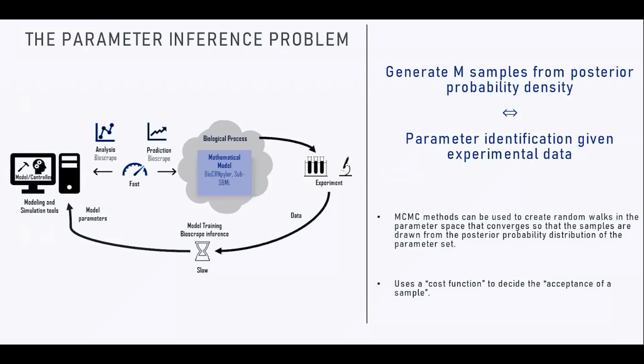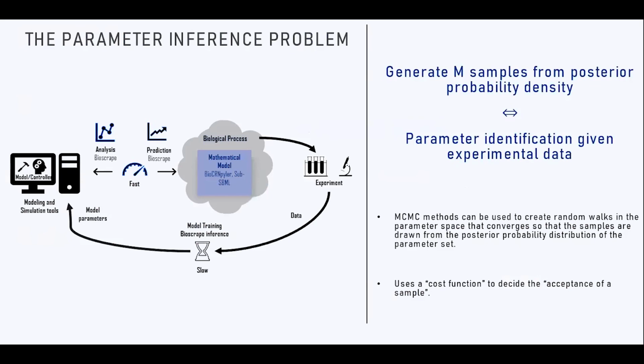With this in mind, and now looking back again to our original problem, we can formulate the parameter inference problem in the following manner. The parameter inference problem is to generate M samples from the posterior probability distribution. And as I said earlier, we don't really need to find the exact analytical description of that probability density function.